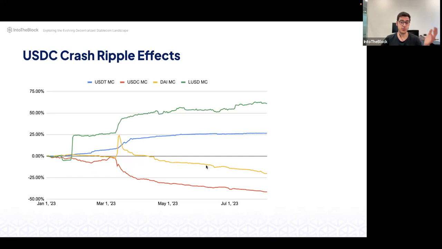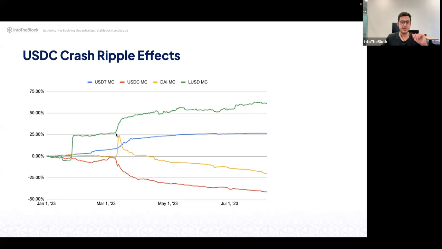One token that actually benefited significantly from this outcome was Liquity USD, LUSD, which has been one of the largest increasers in terms of market cap in 2023. So it's up over 50%, and we can see here that right after the USDC crash happened, the DAI market cap briefly jumped, but then decayed quickly and is even lower now than it was.